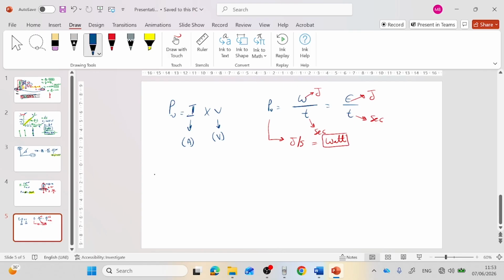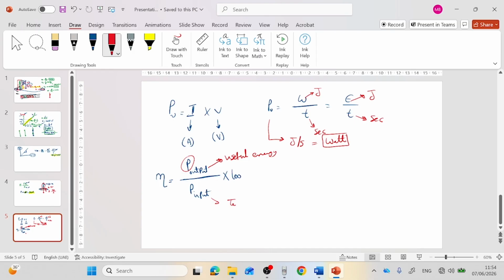Okay. So how can we calculate something which is called efficiency? Efficiency is the ratio between the output power divided by the total input power, and we multiply everything by 100 to convert it into a percentage. Or this is the useful energy. You can replace power by energy because time will be cancelled out.